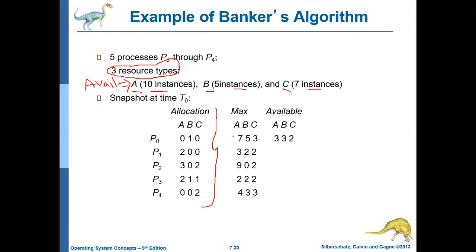And this max represents the maximum number of instances of each resource each process will require.